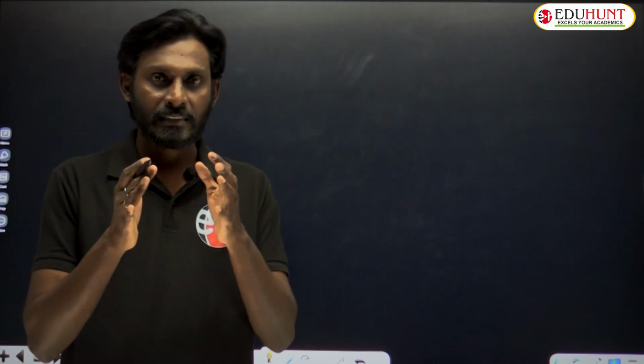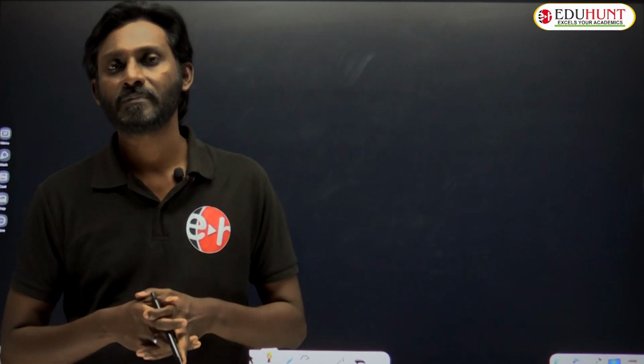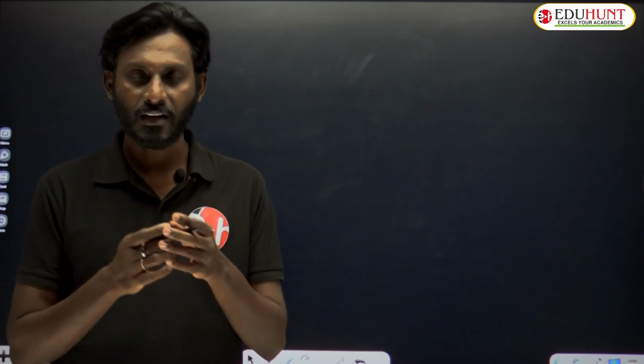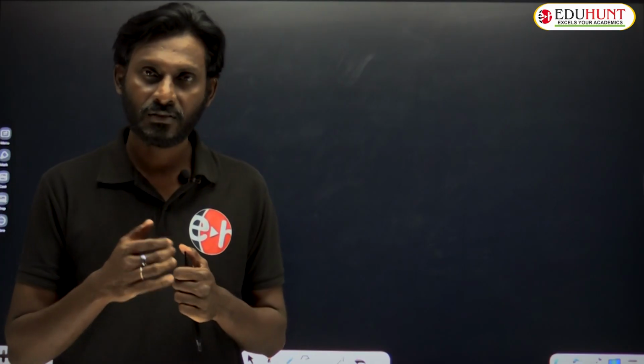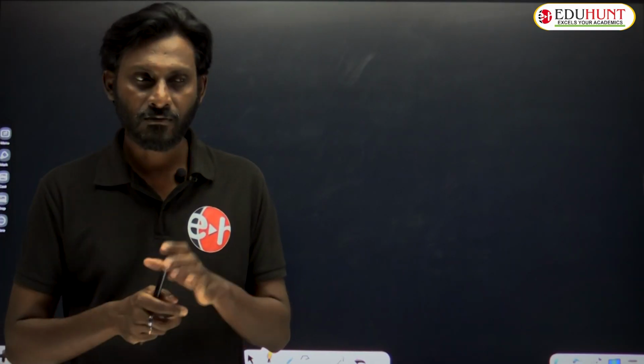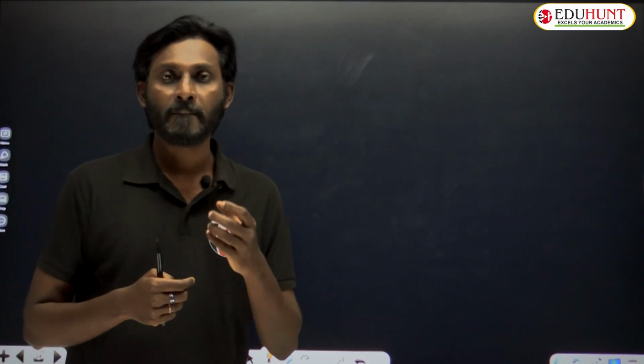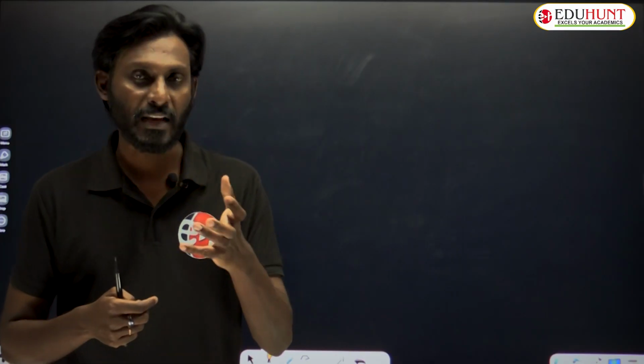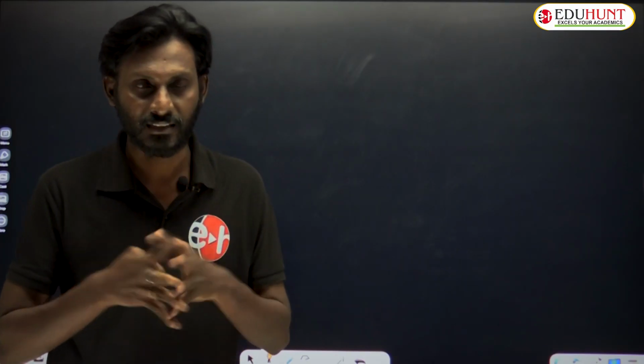This is 6th class foundation chemistry, and we are in the chapter called Elements, Ions, Symbols of Elements, Ions and Formulae. In the previous video, we completed the topic called Valency, the combining capacity. I hope you understand this.